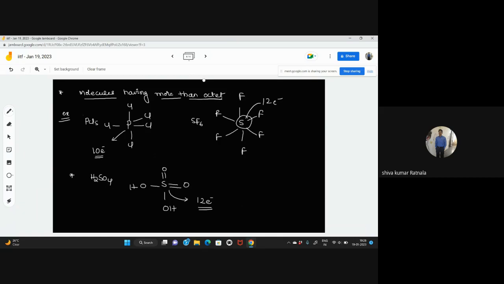That means the bonding in odd number of electron molecules is not explained.